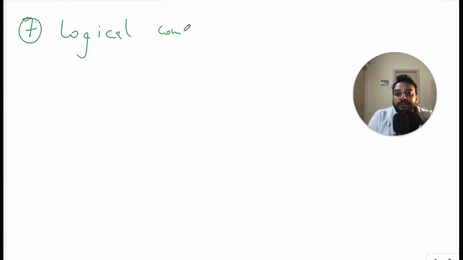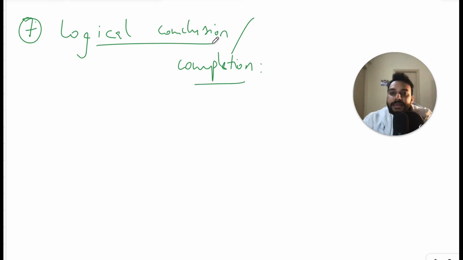This is logical conclusion or completion. In these kinds of questions, they'll give you a passage and leave the last part blank, and then ask you what could be a logical conclusion or completion for the given passage.